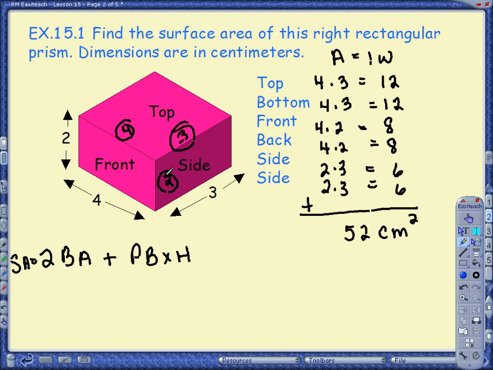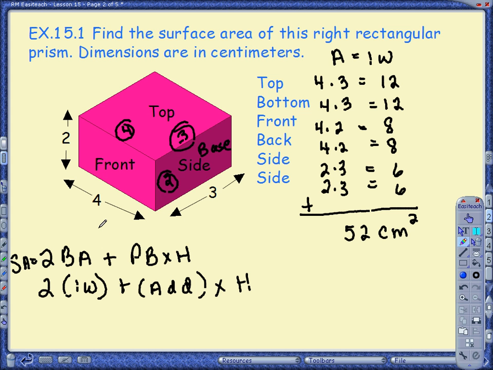Since this side is also the darkest side here, I'm going to use this as my base. So I'm going to plug in 2 and the formula that I'm going to use. All of the sides around this base are straight sides, so we're just going to add. We don't have to use a formula to find those.